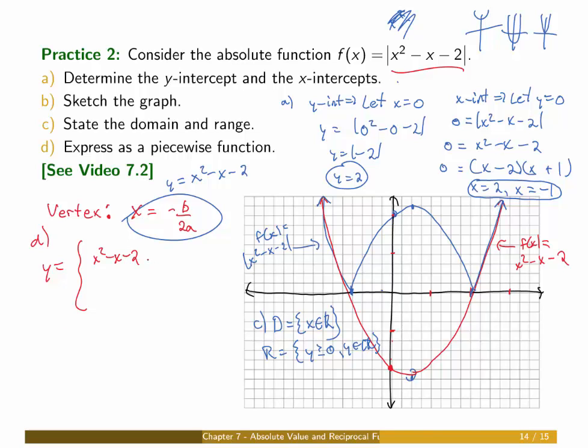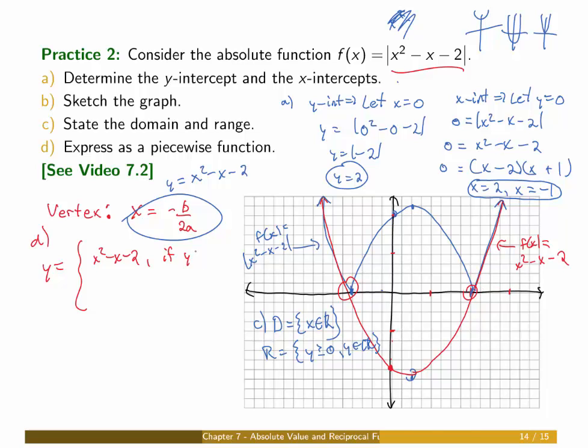This is the definition, right? Now here's the key: when is it positive? Well, it's like this whenever x is less than negative 1, or when it's greater than 2 over here.